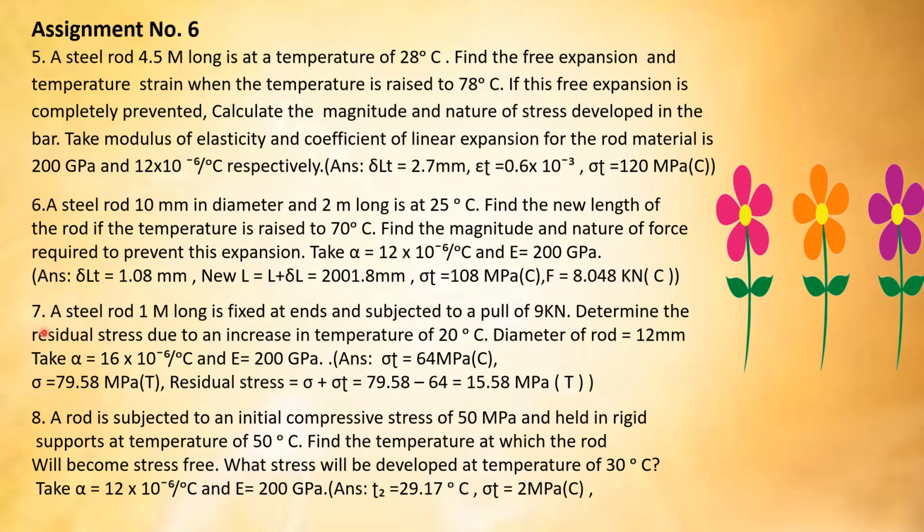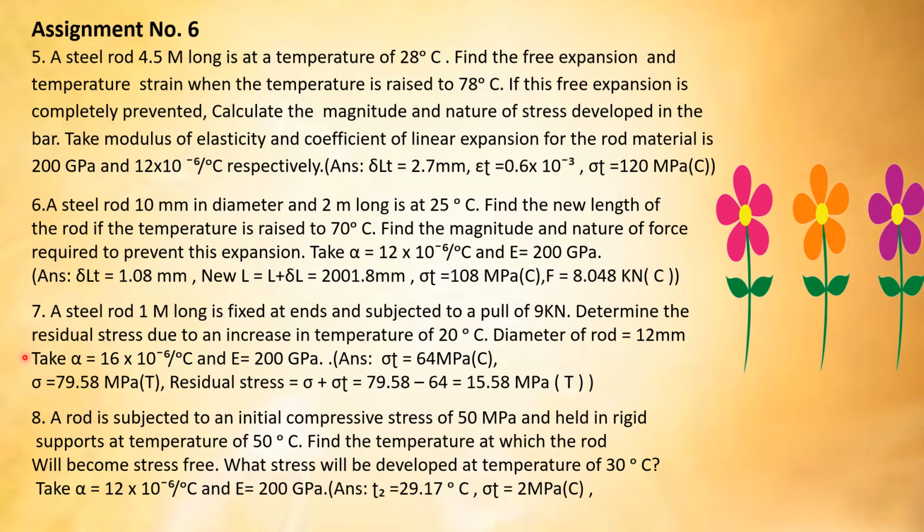Next question, a steel rod 1 meter long is fixed at ends and subjected to a pull of 9 kilonewton. Determine the residual stress due to an increase in temperature of 20 degrees Celsius. The diameter of the rod is equal to 12 mm. Take alpha equal to 16 × 10^-6 per degree Celsius and E equal to 200 GPa.